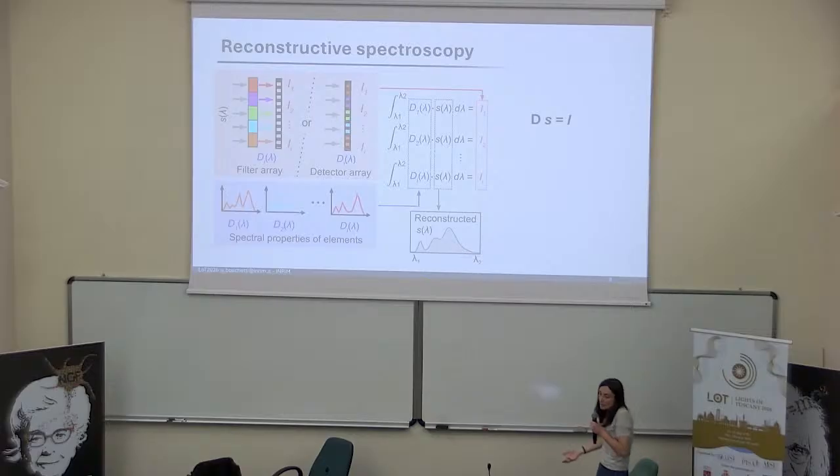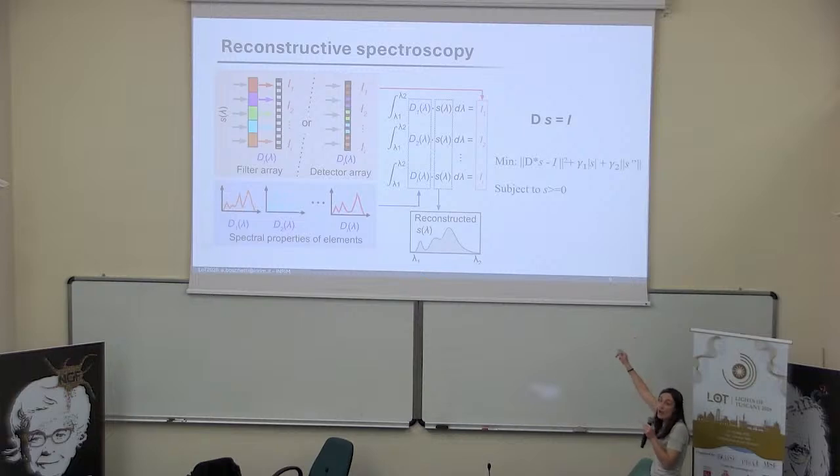Okay, so we can do this relying on convex optimization algorithms. It's for this reason that when I talk about half and half, half is the measurement, but half also relies on the robustness of the post-processing. Okay, and with this kind of approach, it's possible to retrieve with very high resolution many kinds of spectra.